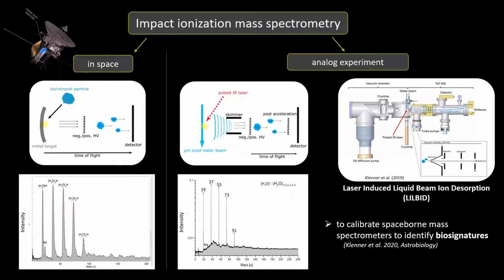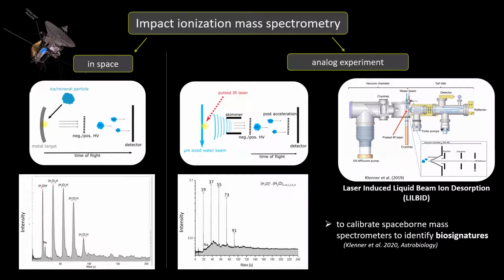When the water beam absorbs the laser energy, it is heated up and it explodes into fragments. The created ions are then accelerated by a high voltage potential difference, and they are detected in a time-of-flight mass spectrometer. You can see here on the right the mass spectra of water, which is comparable to the previous spectra from water ice recorded in space.